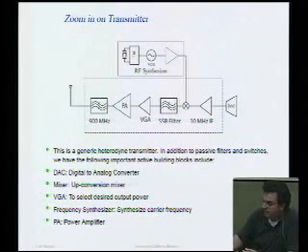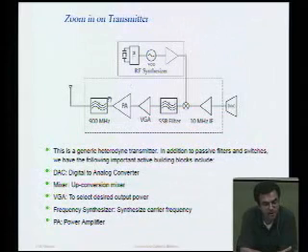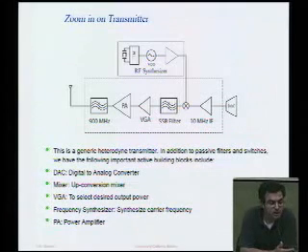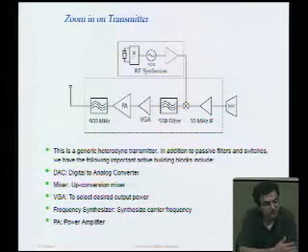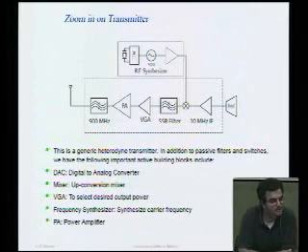Okay, so we'll spend a lot of time on the power amplifier because it turns out that the power amplifier is the most power-hungry block in your radio system, in any kind of generic communication system, because it turns out that it's very hard also to build an efficient power amplifier. So if you build a power amplifier based on what you learned in 140, I can guarantee you the efficiency won't be better than a couple percent.